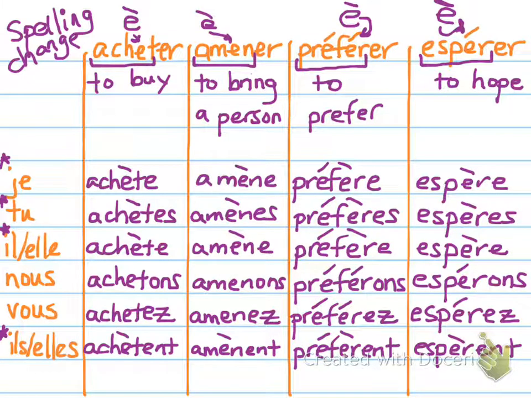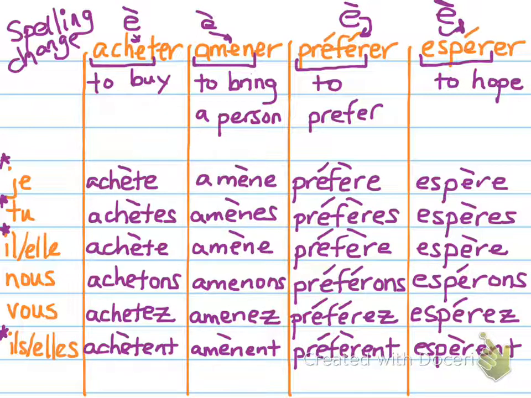S'il vous plaît, répétez. Acheter: j'achète, tu achètes, il achète, nous achetons, vous achetez, ils achètent. Amener: j'amène, tu amènes, elle amène, nous amenons, vous amenez, elles amènent.